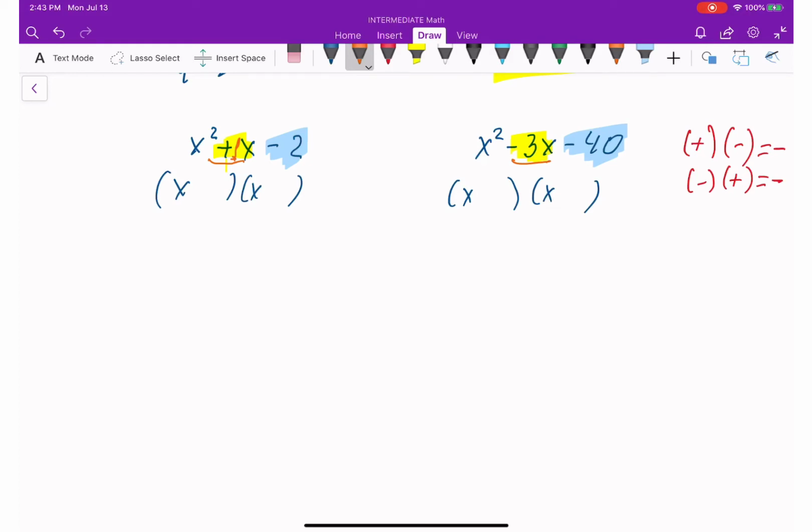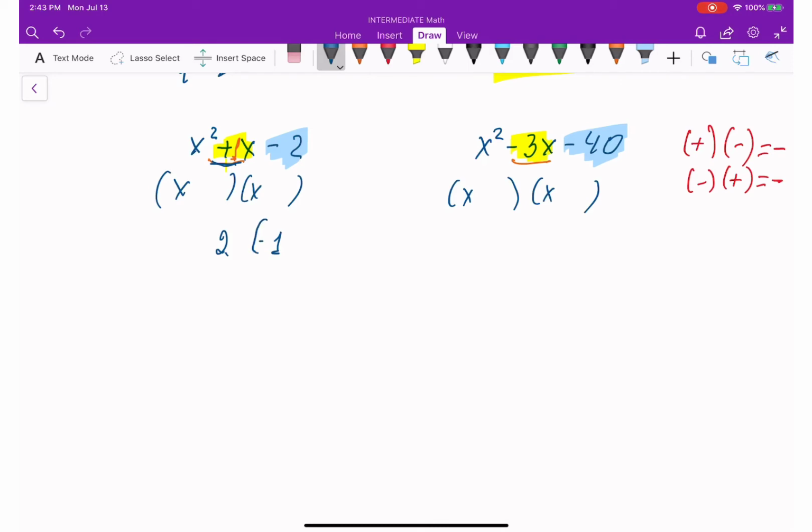So let's see. What do we have? Negative 2. So it's going to be, one is what? 2. Oops. One is going to be 2. The other one is going to be 1, right? Now we said that because we have here positive 1, then the bigger number is going to be positive, the small number is going to be negative.